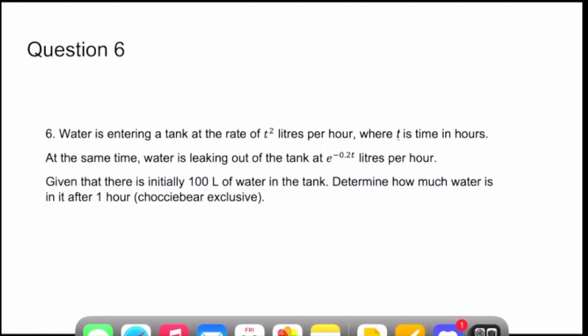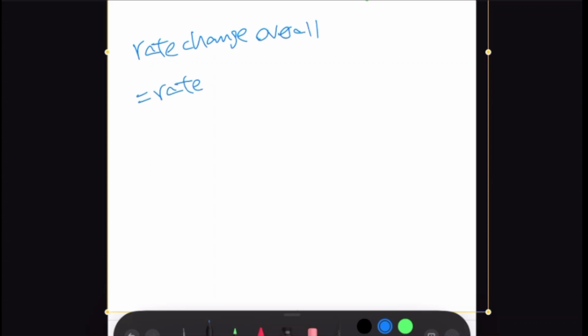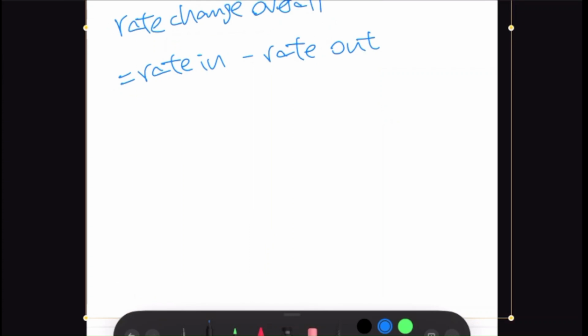And I think I know where he went wrong, so I'm gonna go over this. So obviously, guys, for a tank, rate of change overall equals rate in minus rate out, in case you guys remember. And so at any point, that would equal t squared minus e to the negative 0.2t, dt.